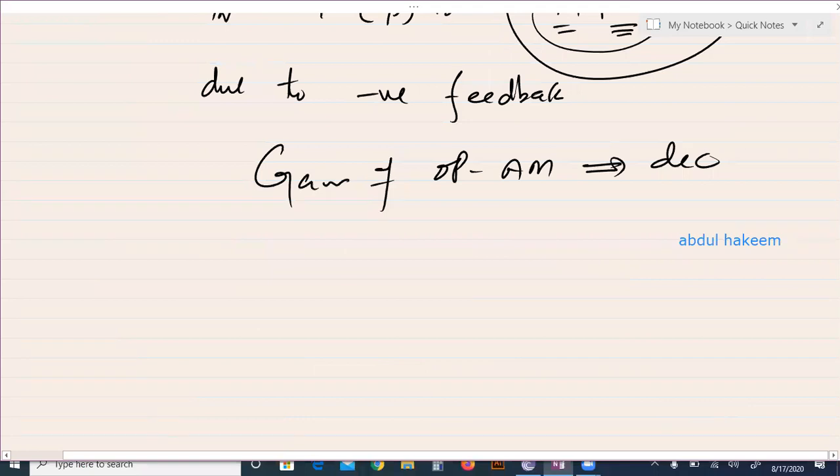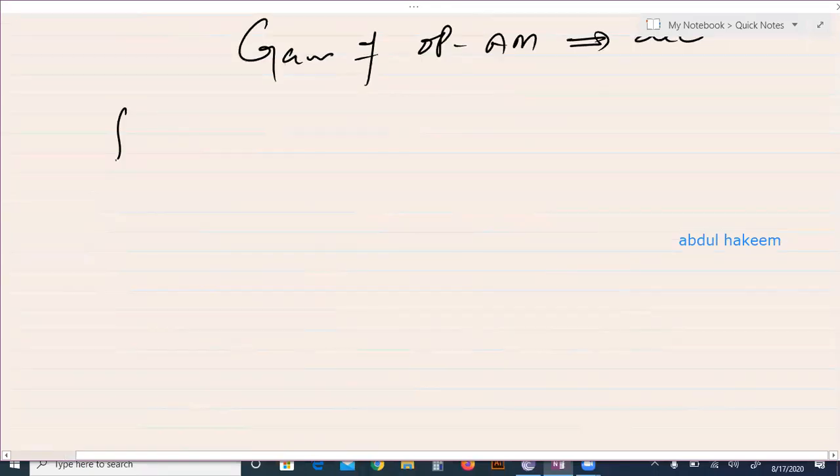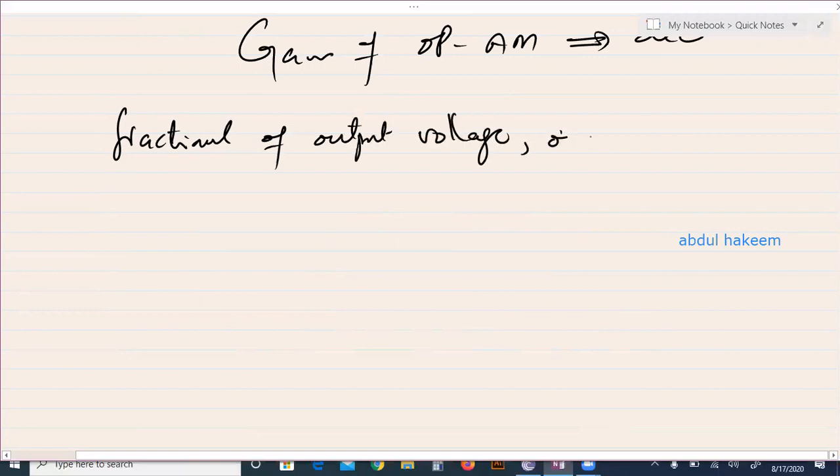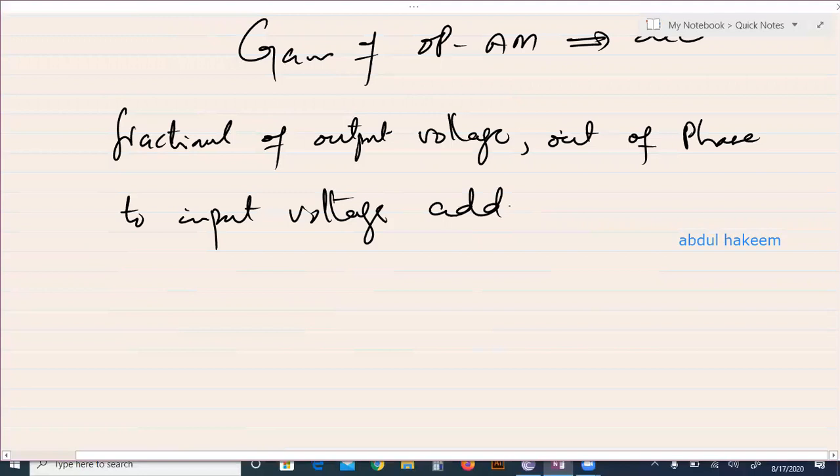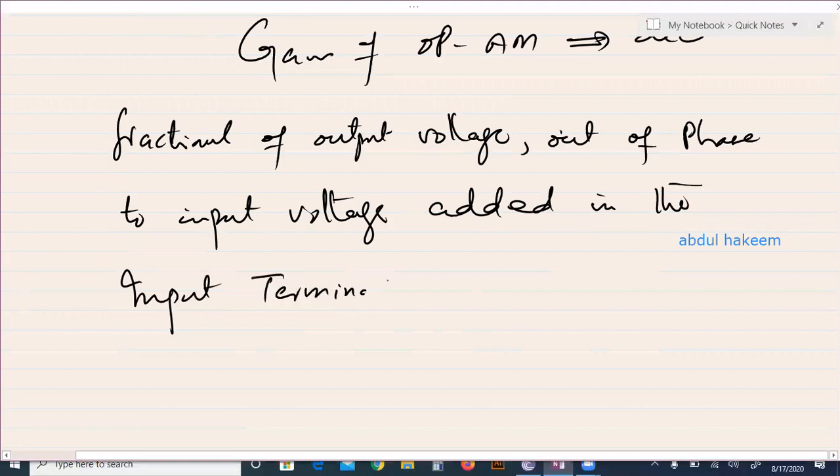Now the definition for the negative feedback: fraction of output voltage out of phase to input voltage added in the input terminal is called negative feedback.